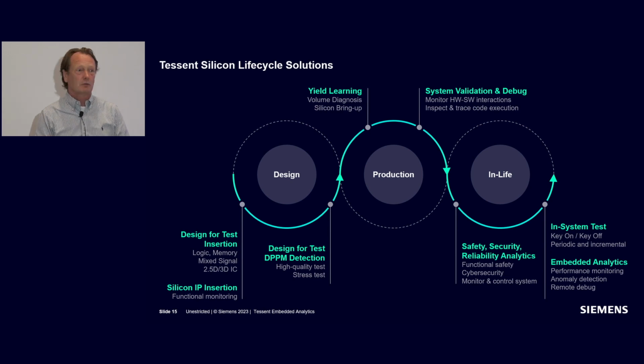In the Tessent product family, it extends from design, where we help insert testability and observability into the designs, through production, where we help reduce manufacturing test cost and monitor and improve yield, and then towards the topics we talked about today, towards debug and deployment, where we provide additional utilities to help you accelerate SoC debug and validation and collect data through the life cycle of the design.